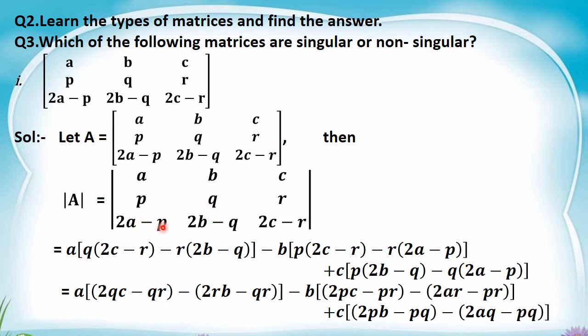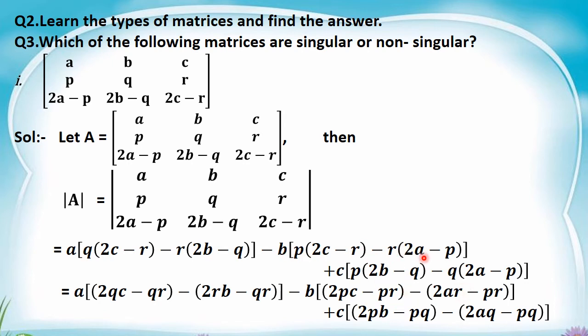Then a into, inside there are brackets, so we will open the brackets. Then q into 2c, 2qc minus qr, r into 2b, 2rb minus rq, minus b into 2pc minus pr minus 2ar minus pr.